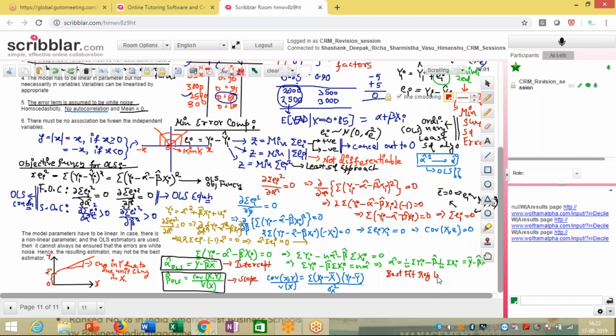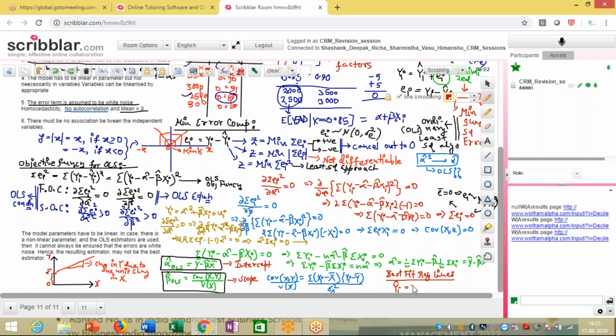The best fit regression. So yi hat is equal to alpha hat.